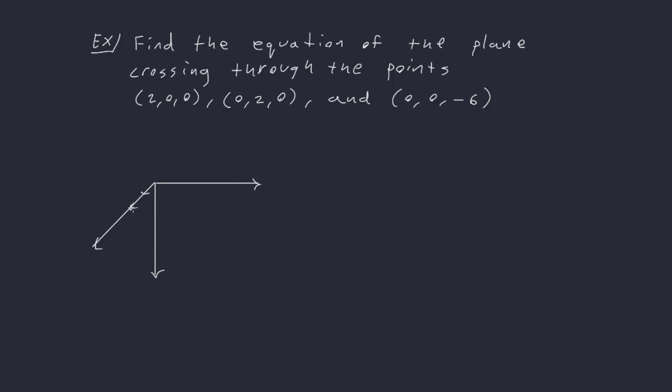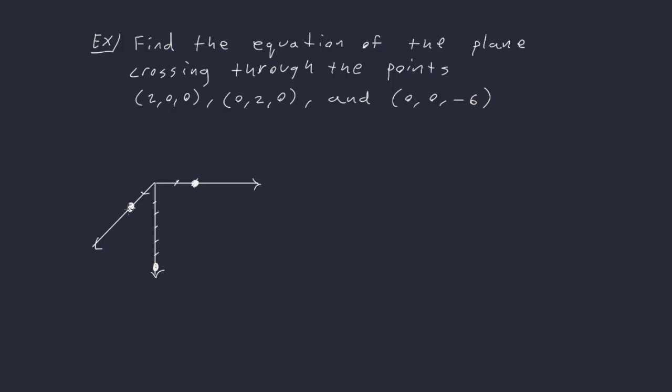All right, so for x, that's 2, 0, 0. For y, it's 0, 2, 0. And on the z-axis, it's 0, 0, negative 6. Okay?